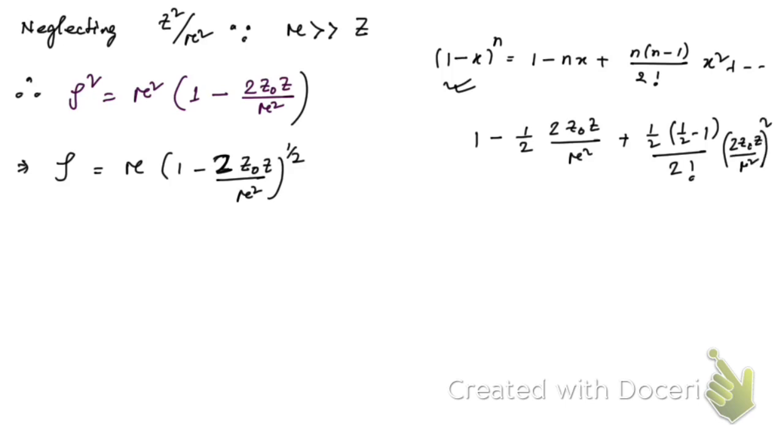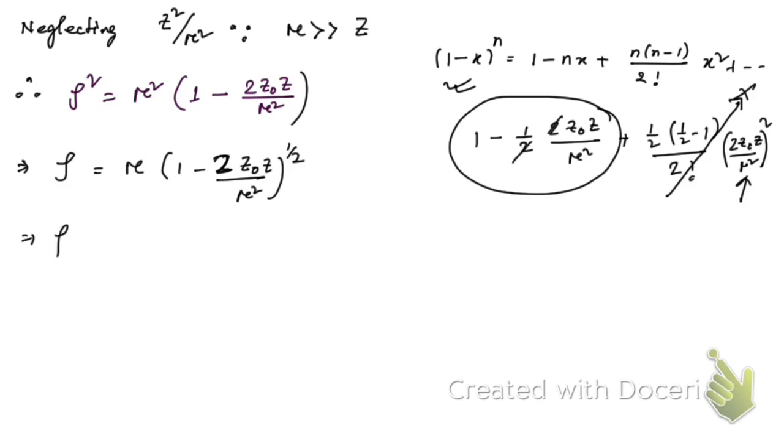Here the higher power of this term will be neglected, since it is going to be very small. So we take only this term. Here 2 cancels, so we're going to get rho equal to r times 1 minus z naught z by r square. That's what we have got.